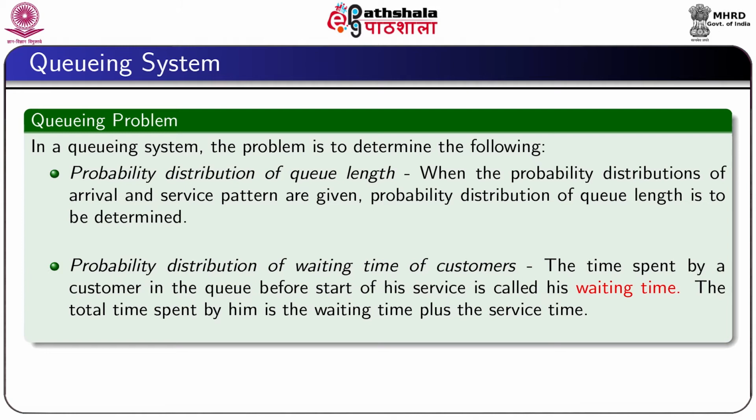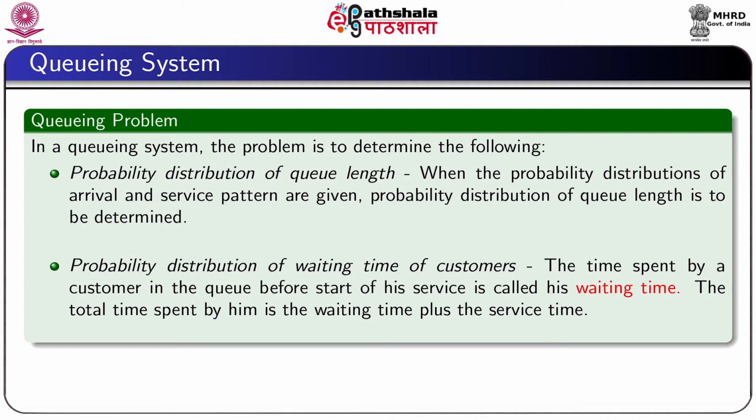Let me now define what a queuing problem is. In a queuing system, the problem is to determine the following: probability distribution of queue length, probability distribution of waiting time of customers, and busy period distribution. Probability distribution of queue length.